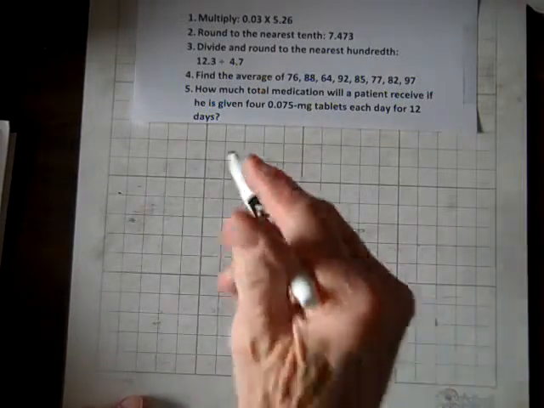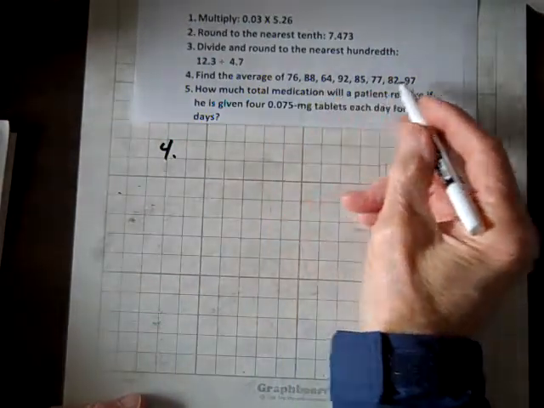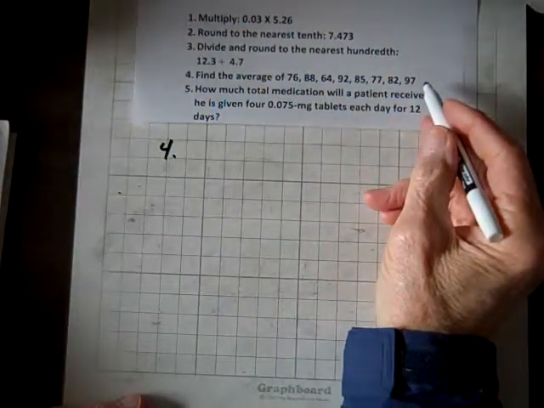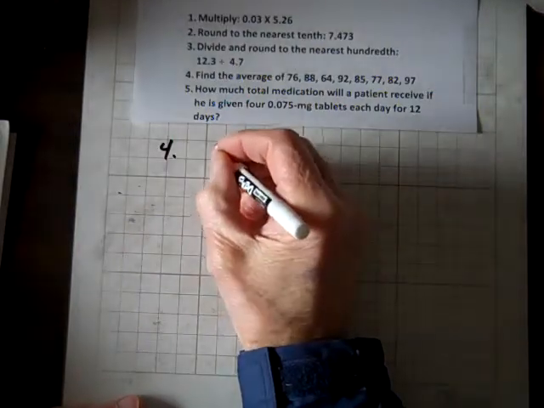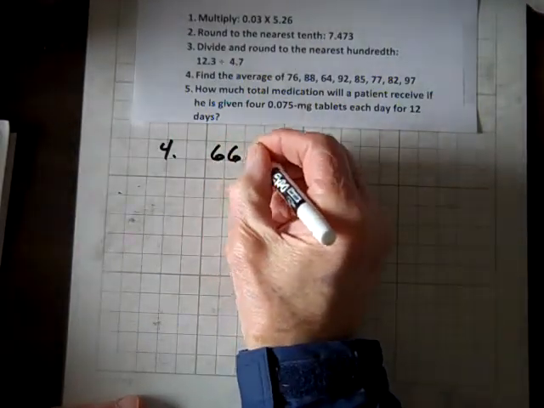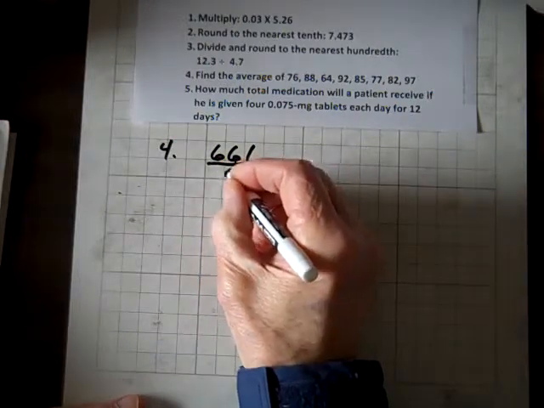Now we have 2 more questions to do here, and we have to find the average of these sets of values, and that means we add them up, and when I added them up, I get 661, and there happen to be 8 of them, so we'll divide by 8.